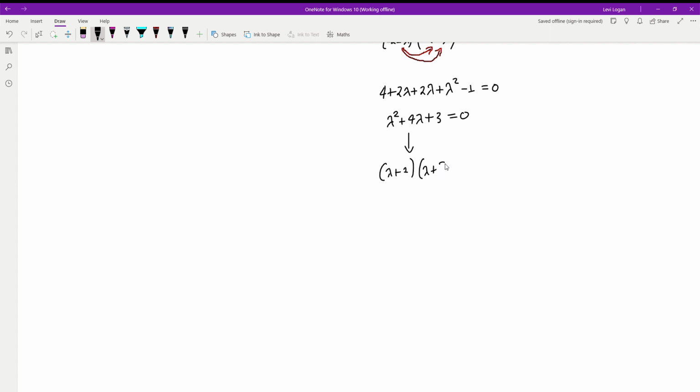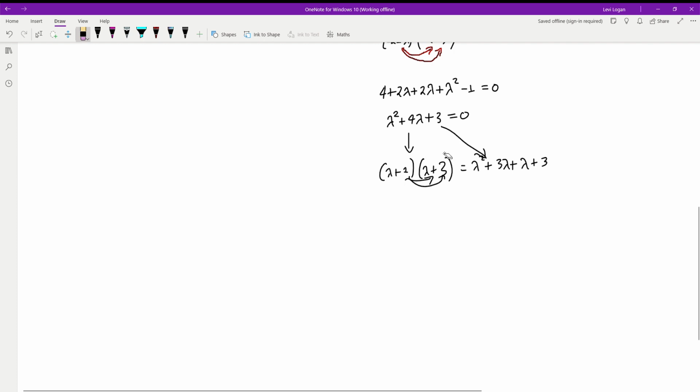The reason is because if we multiply this out, we're going to get what we have up here. 1 times 3 gives us 3, then 1 plus 3 gives us 4. If you multiply this out, you'll get lambda squared plus 3 lambda plus 1 lambda plus 3, which is equivalent to what we have there. So this is basically it factorized, okay?